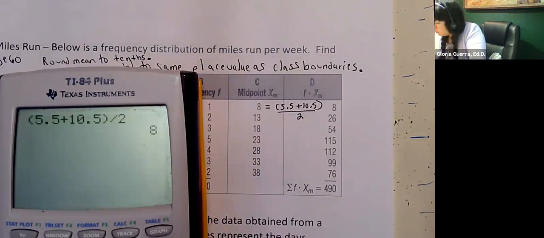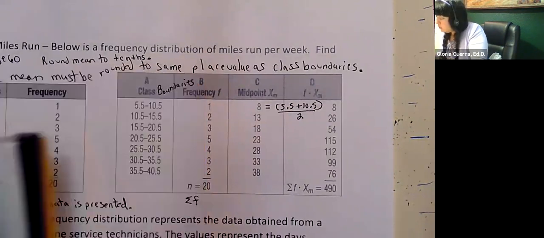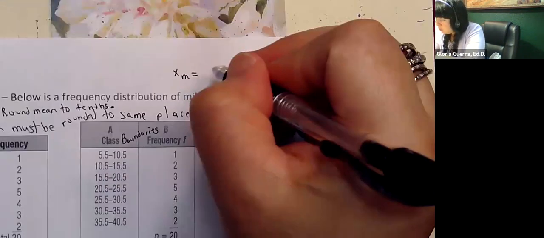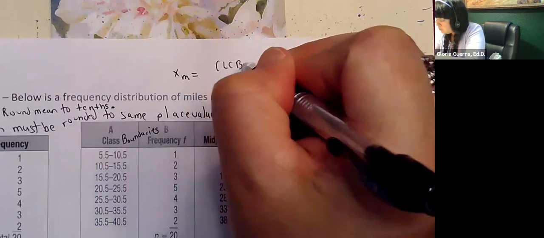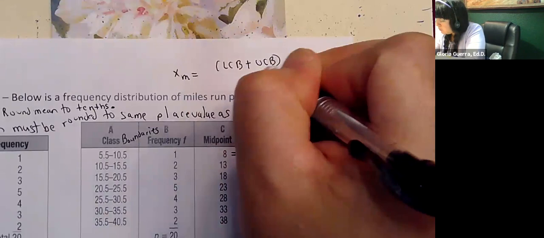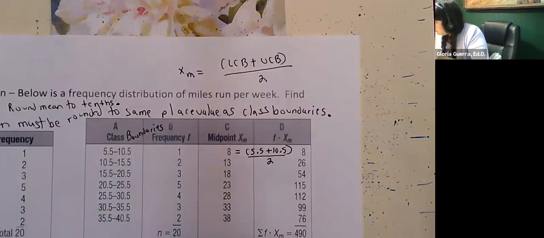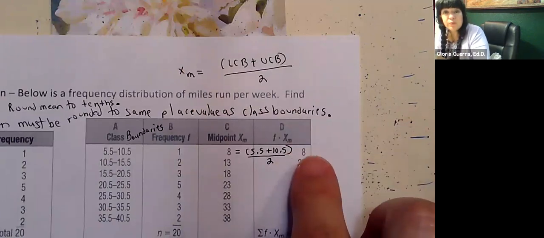If you do not put the parentheses, you won't get the same answer, okay? And so for the midpoint x sub m, they're using the lower class boundary plus the upper class boundary, and dividing that by 2. That's what they're using. And then they already computed the products for us.